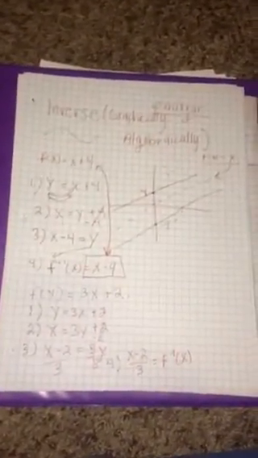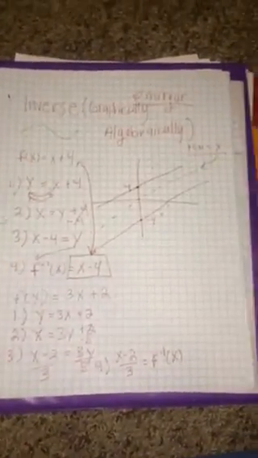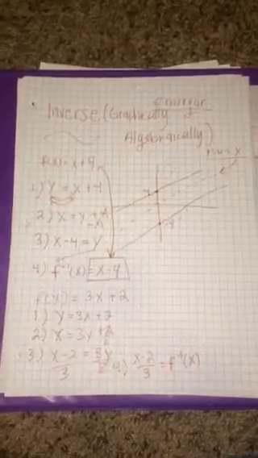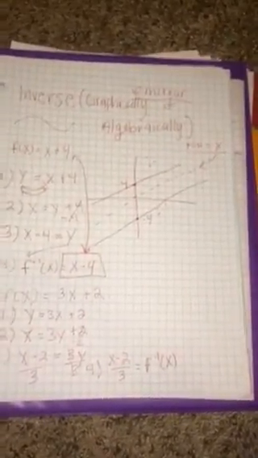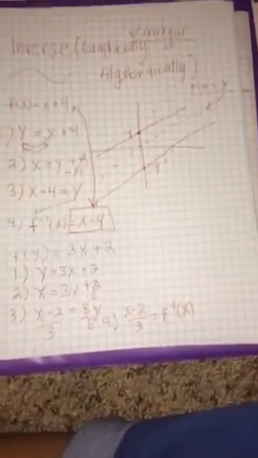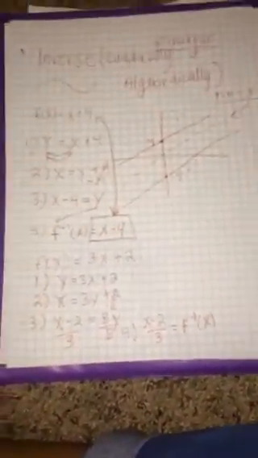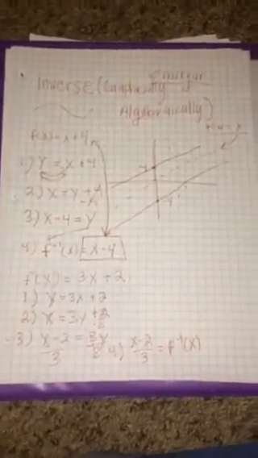There's just 4 easy steps. You replace f of x with y, you interchange x and y, so you switch them, and you solve for y, and once you have solved for y, then you replace y with f negative 1 of x.